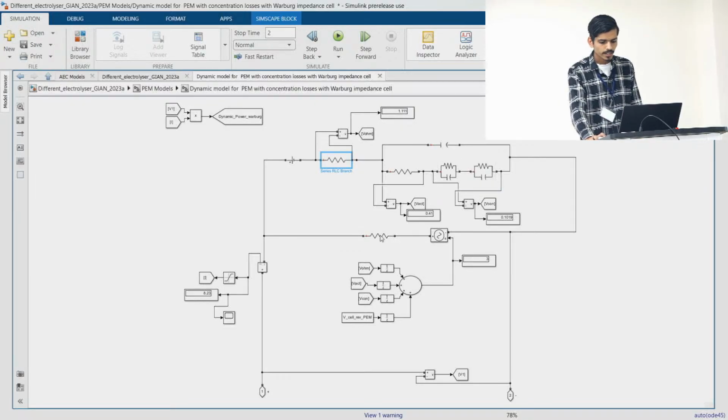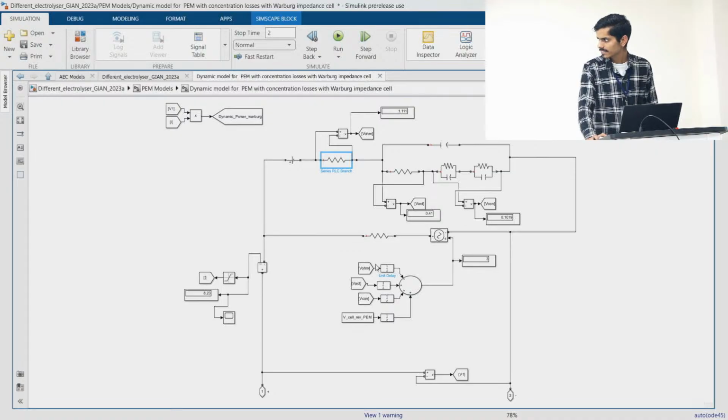So here also we have the potentials to control the voltage signal. Here we are introducing one unit delay, because if we give the direct value, then it may cause an algebraic loop error in MATLAB.